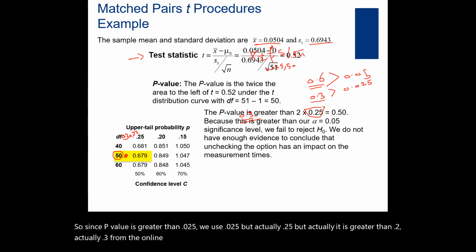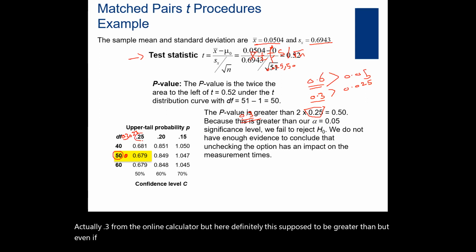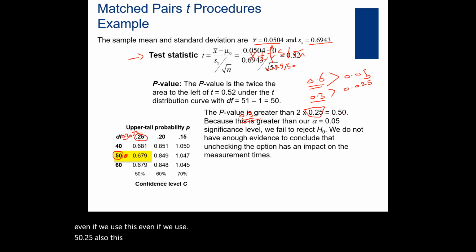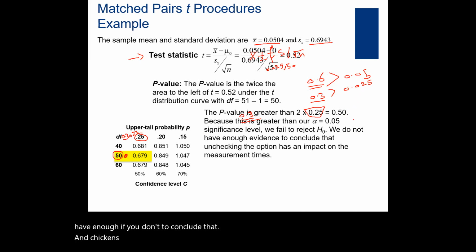But even if we use 0.25, this value is greater. Even 0.5 is greater than 0.05. So we fail to reject H naught. We don't have enough evidence to conclude that unchecking the option has an impact on the measurement time.